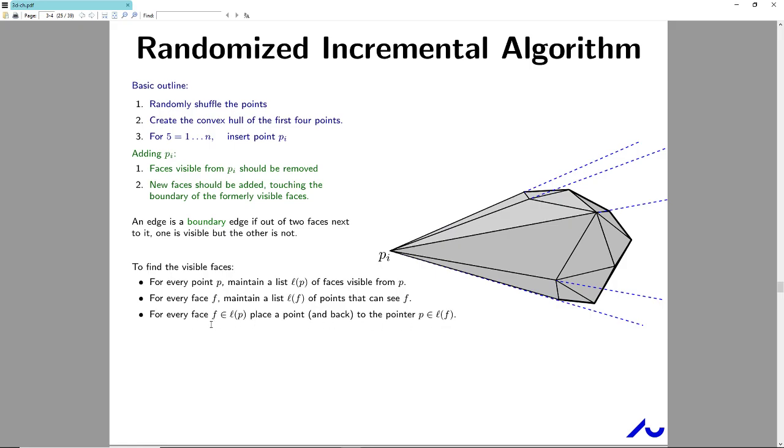Consider a face F that is inside the list LP. This means that P can see F. Based on the second definition, inside the list of F, I have included point P because point P can see F. I will keep bidirectional pointers between these two entities. So these two lists can be easily updated.